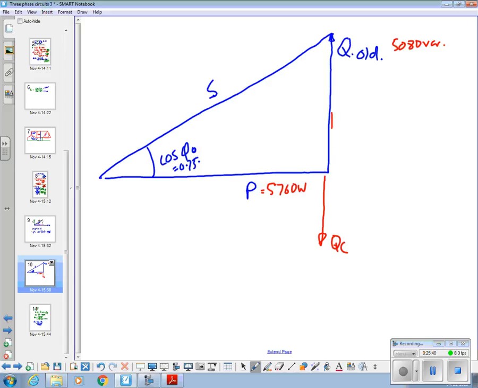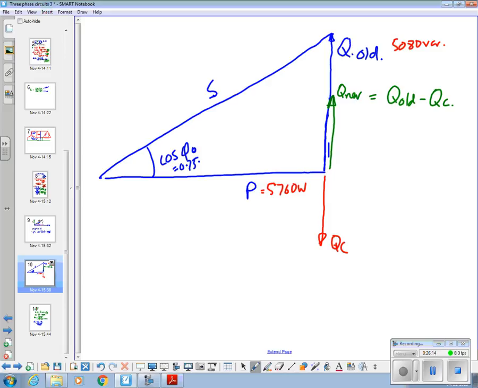So what we end up with is a Q new in there, which is equal to Q old minus QC, because they always work against each other.